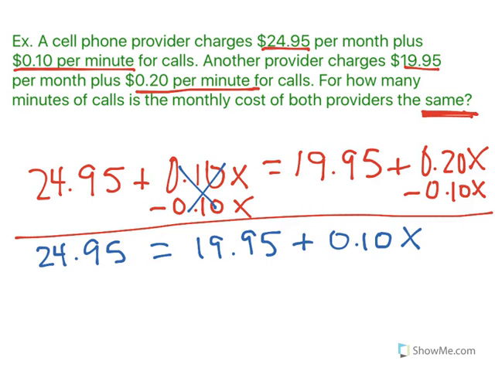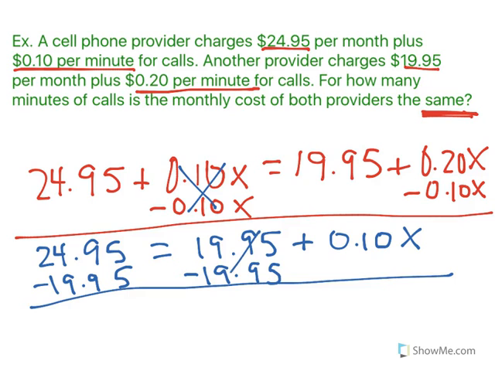So now I want to solve for x. I want to get x by itself. So I want to get rid of $19.95 from this side. Again, we want to make that a 0. That's why we're subtracting. It crosses out. So we have 24.95 minus 19.95. So then we're going to be left with 24 minus 19 is 5.